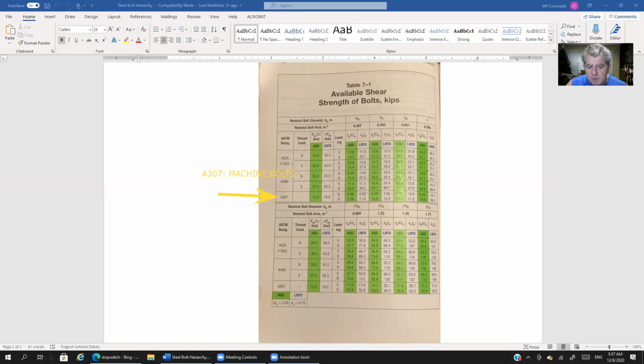Interestingly, in this table, there's kind of a jump here.